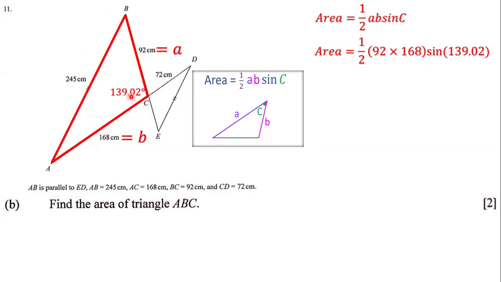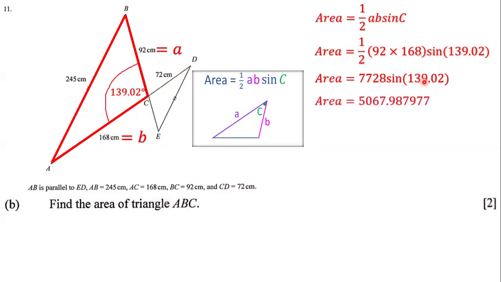So we have a half multiplied by 92 multiplied by 168 multiplied by sine of 139.02. Half times 92 times 168 gives us 7,728, multiplied by sine of 139.02.